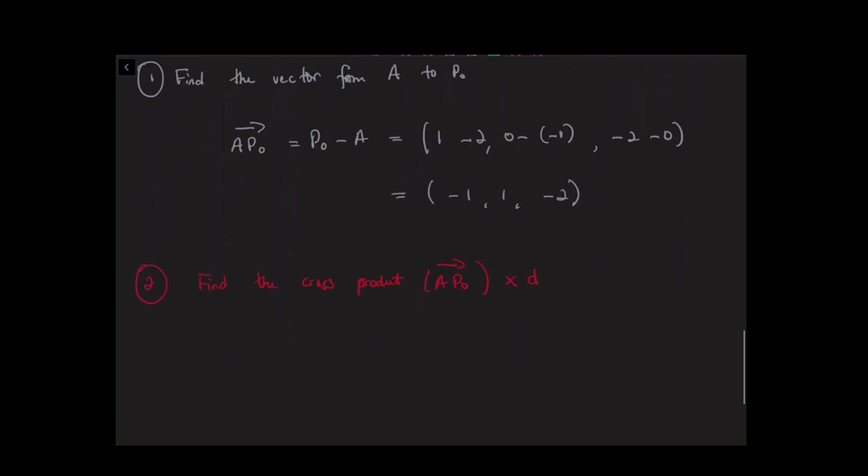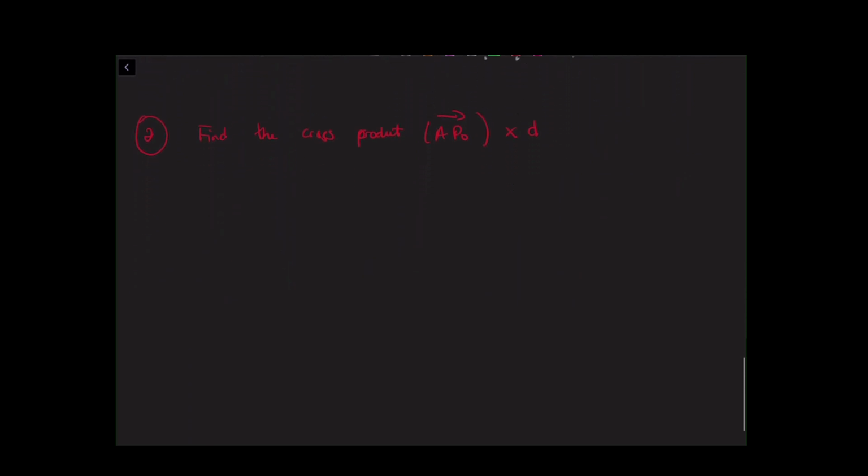Yes. So I have i, j, k, then -1, 1, -2, and 1, 2, 3.